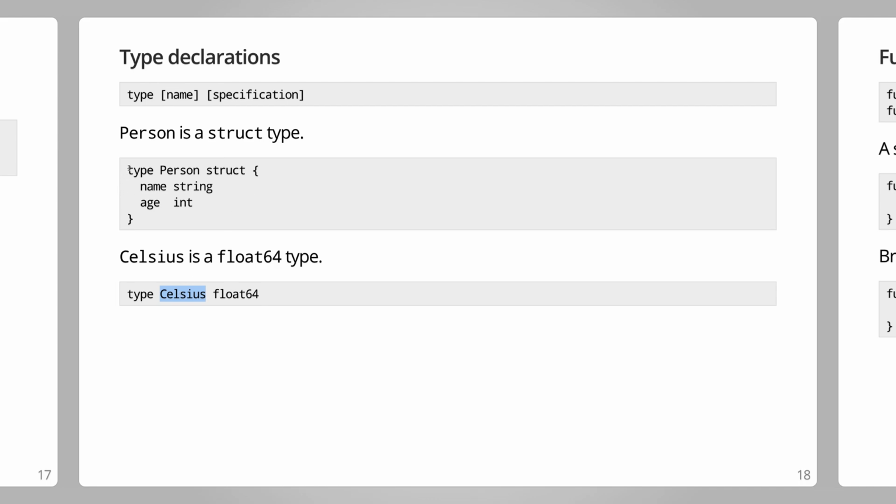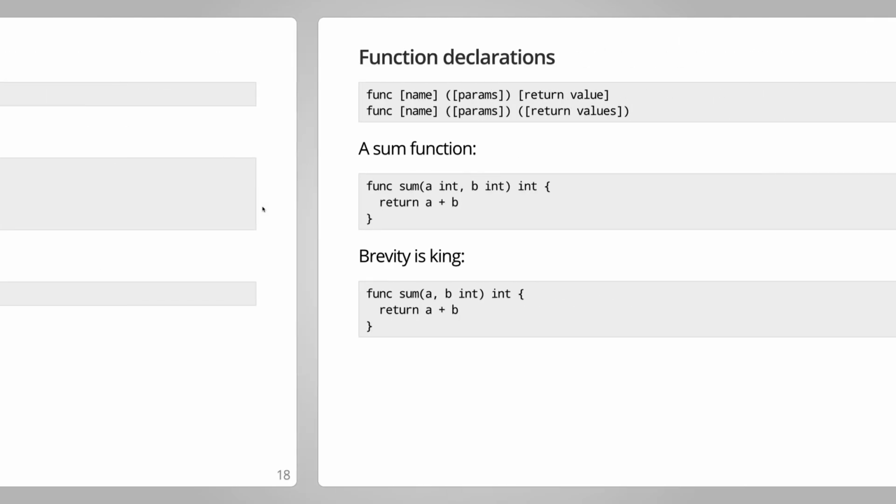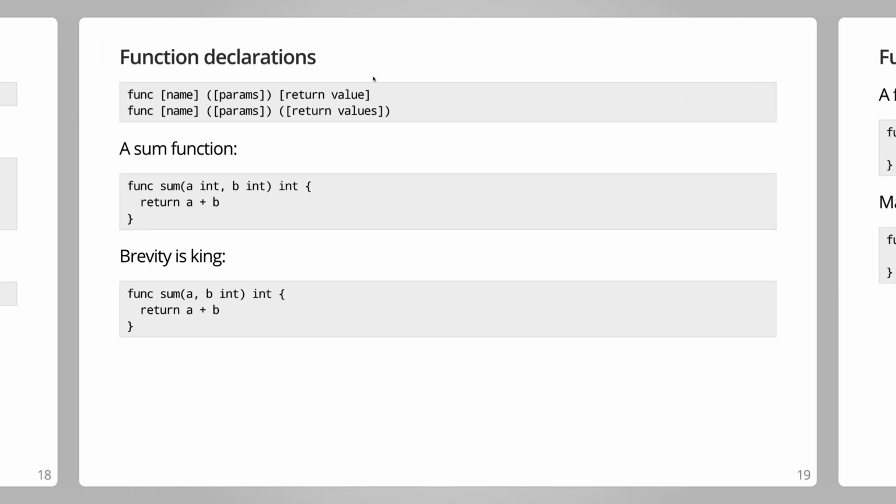We already looked at the person struct previously, so I won't go through that again. There are also function declarations, and they're defined in this way. Functions always start with this keyword func, followed by the name of the function, followed by the parameters of the function in parentheses.